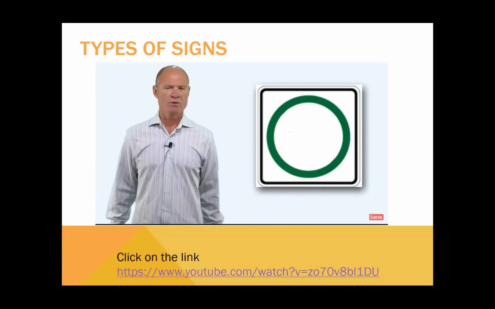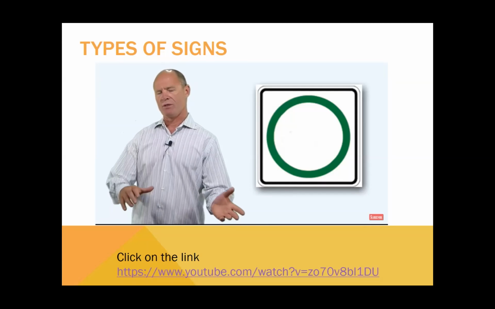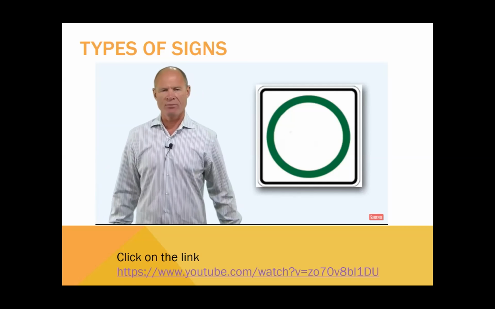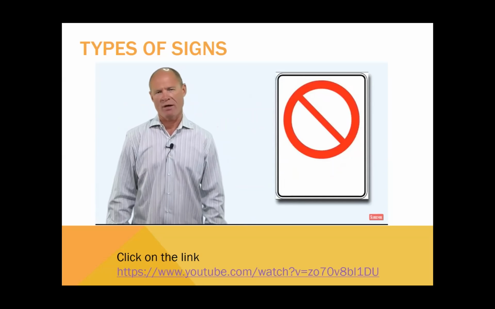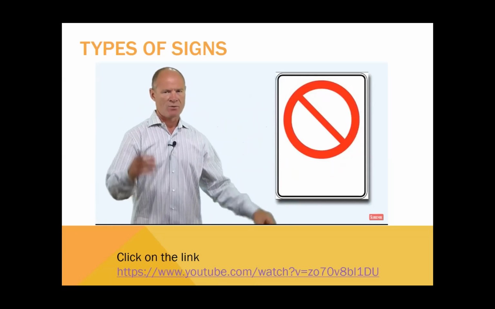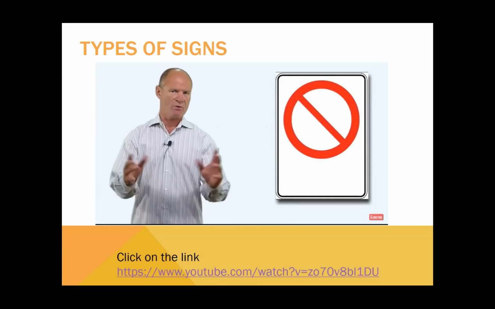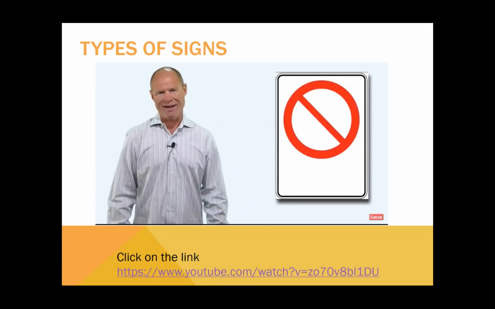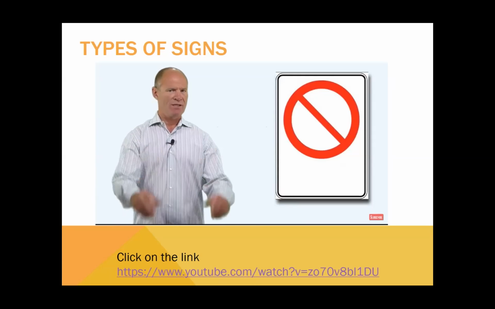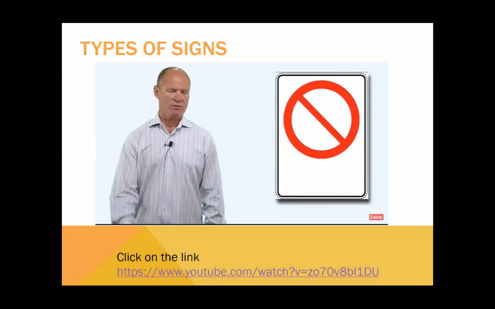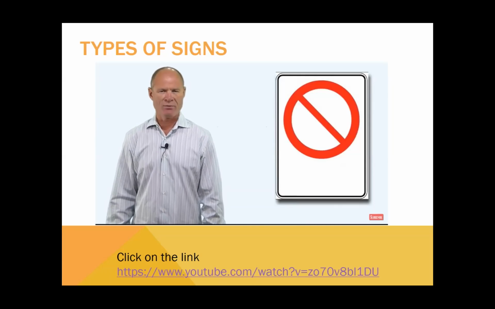Some provinces use those as opposed to the inverse, which is action not permitted, as you can see here, which is the same rectangular sign with a white background, except it has a red circle with a line through it, which tells you that there's no stopping, no parking, whatever action is not permitted in the not permitted sign.